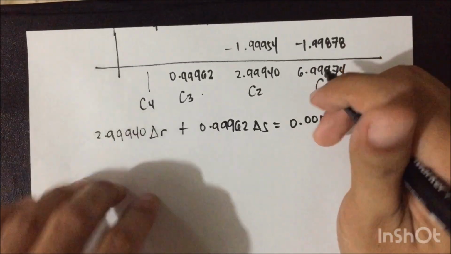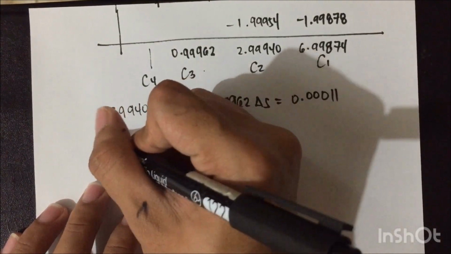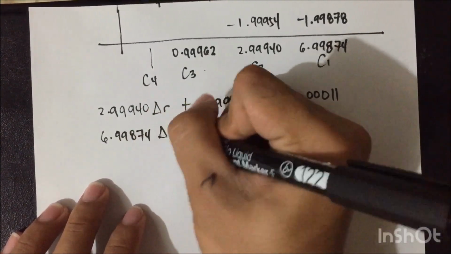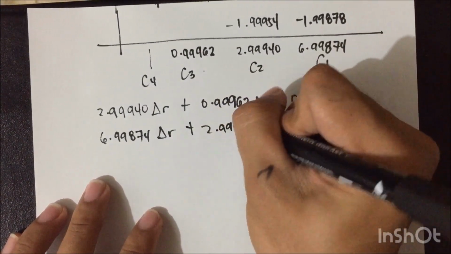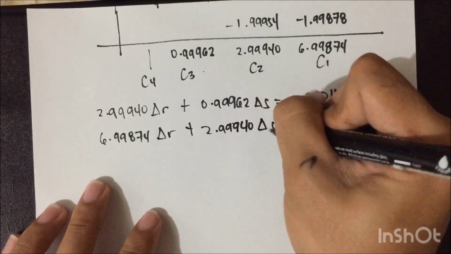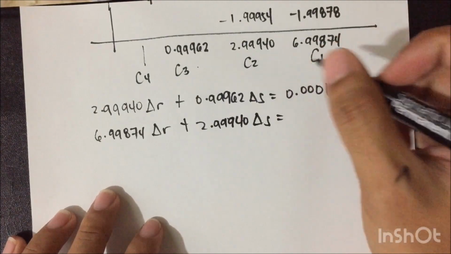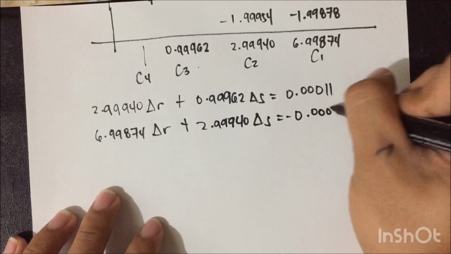So it will become positive. Then C sub 1 delta R, which is 6.99874 delta R plus C sub 2, which is 2.99940 delta S, is equal to negative B sub 0, which is 0.005, so it will be negative 0.005.